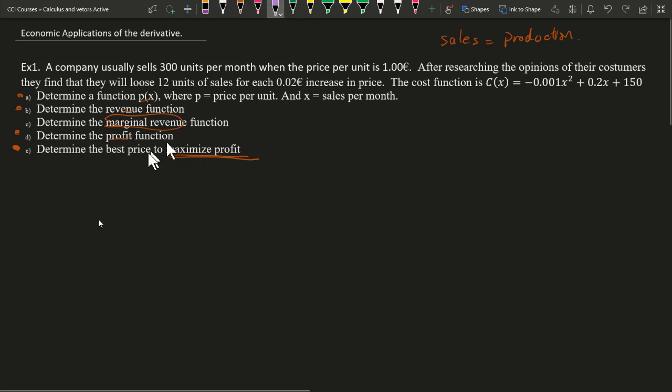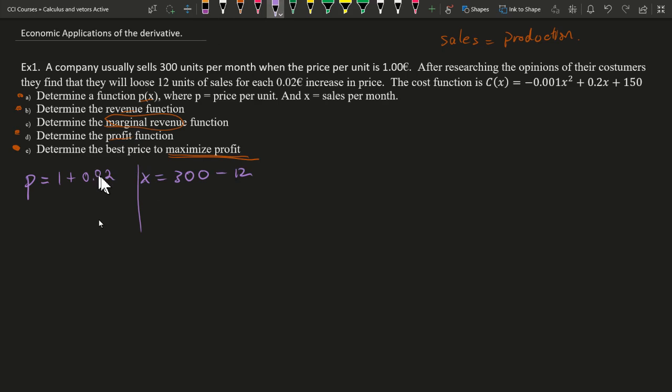So the price function works like this. You start with your original price of $1, and you start with your original sales, 300. And then, according to the survey that you took, for every time I increase the price by 2 cents, I lose 12 sales. Okay? And so this is an important thing that you want to be able to set up.